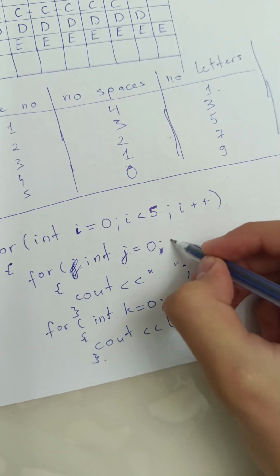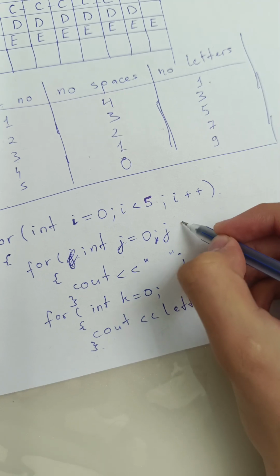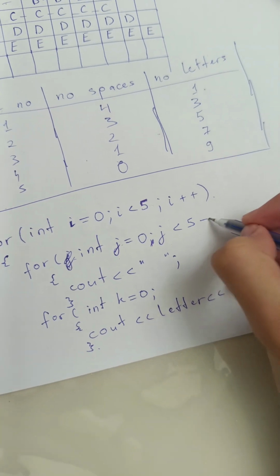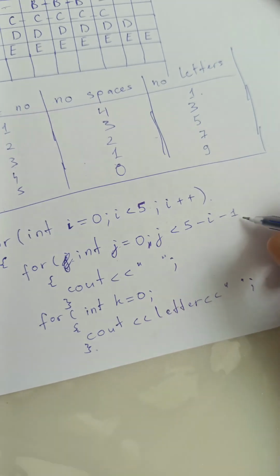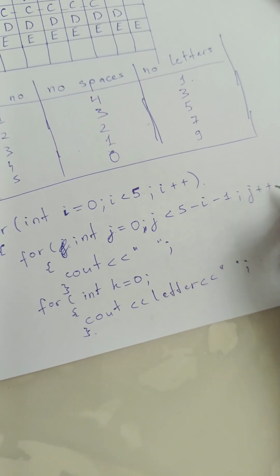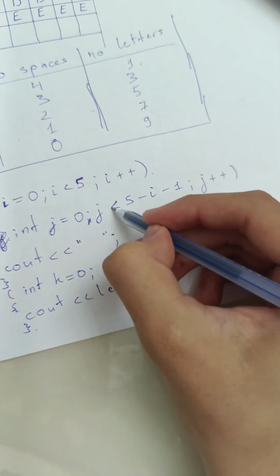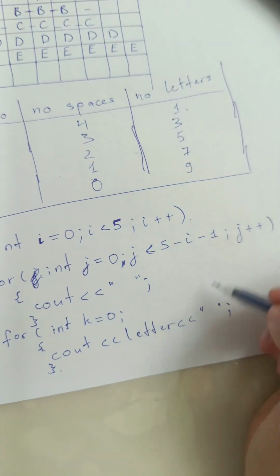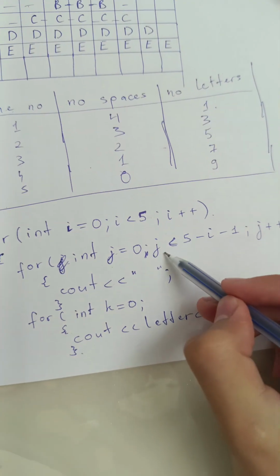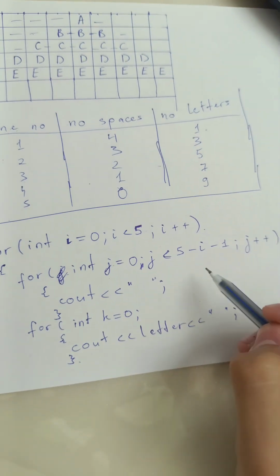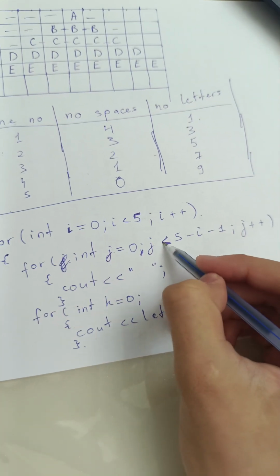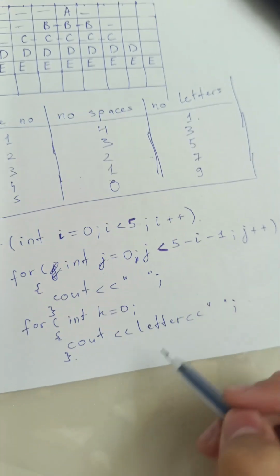So let's write j less than 5 minus i minus 1, and j plus plus. So j less than 5 minus i minus 1. I'll explain this while I'm writing the trace table, so just wait a bit more to understand this.